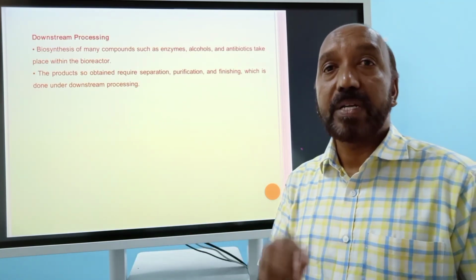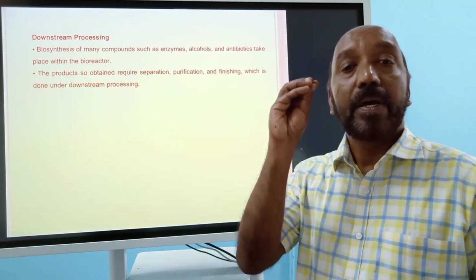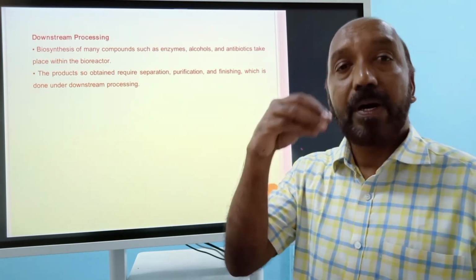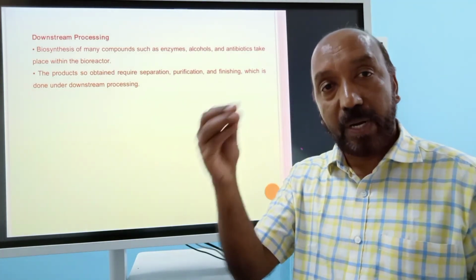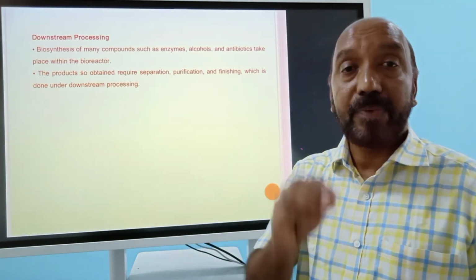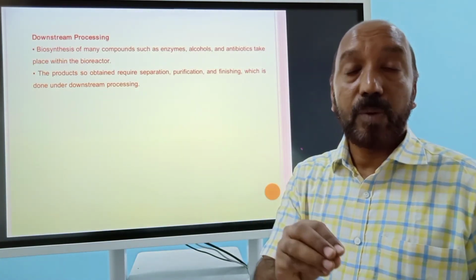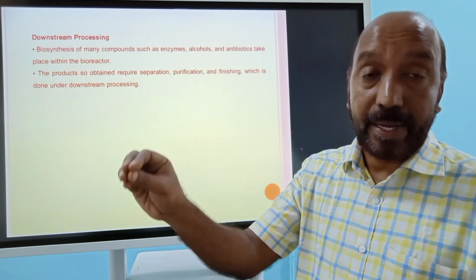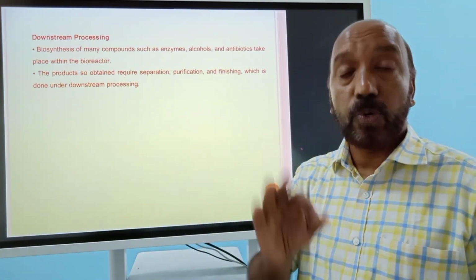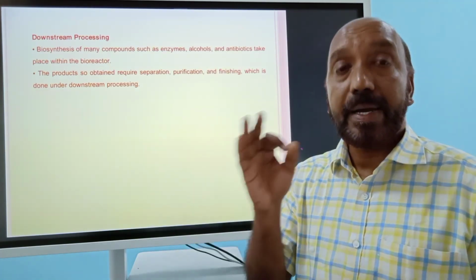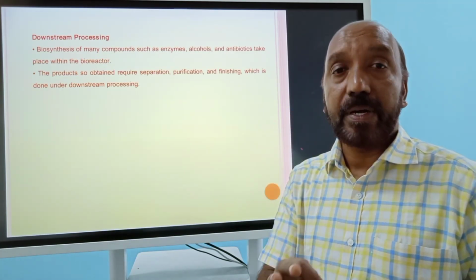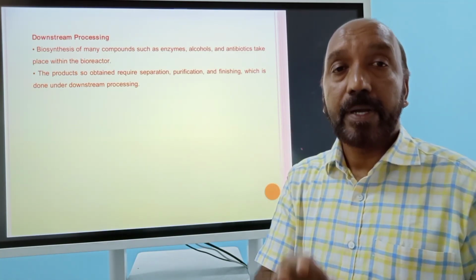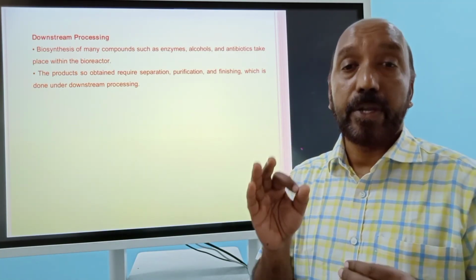As far as food components are concerned, we treat them with some preservative. At the same time, if it is a medical component, it should go to clinical trial. So thorough clinical trials should be done in the case of a medical product. And if it is a food product, it should be added with a preservative, and only then can we use it.